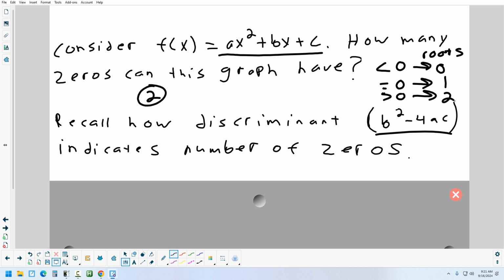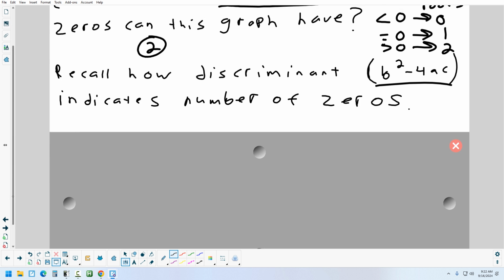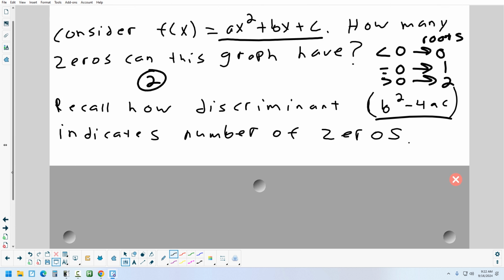So that's how you can quickly tell which case you have. Are you less than 0, equal to 0, or more than 0? We did that in the section where we talked about quadratics in chapter 1. Now, if you want to go ahead and find the roots, not just how many roots, then you have to do the whole quadratic formula or factor.